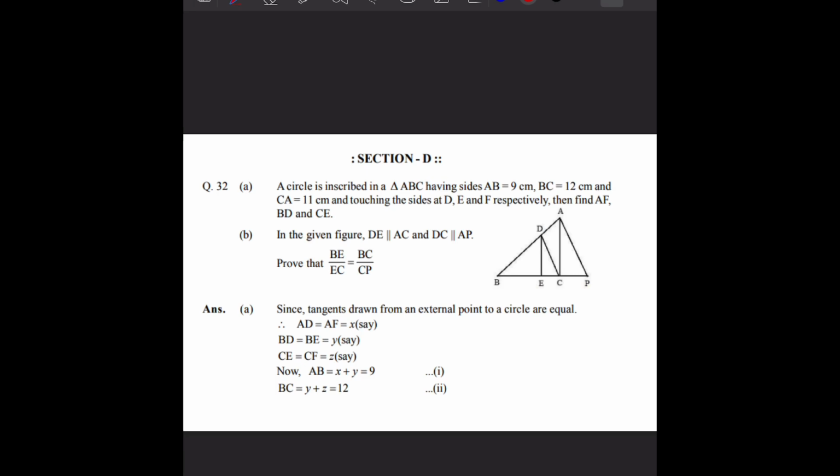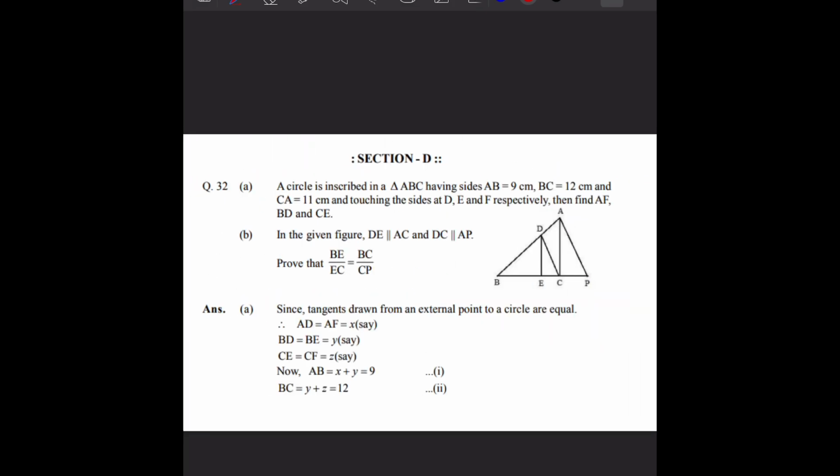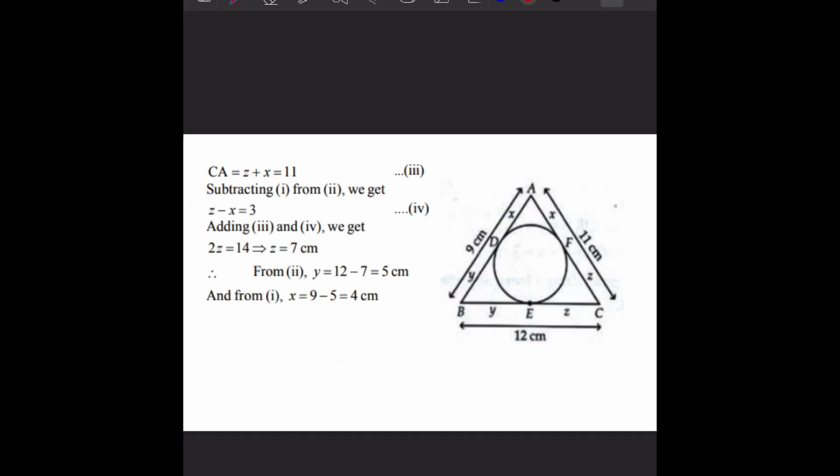Since the tangents drawn from an external point are equal, how do we find out the tangents drawn? If this tangent will be equal to this tangent, we know that tangents drawn from an external point on the circle till the point of contact will be equal.